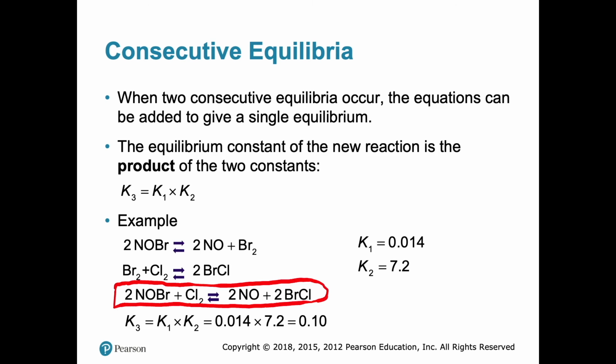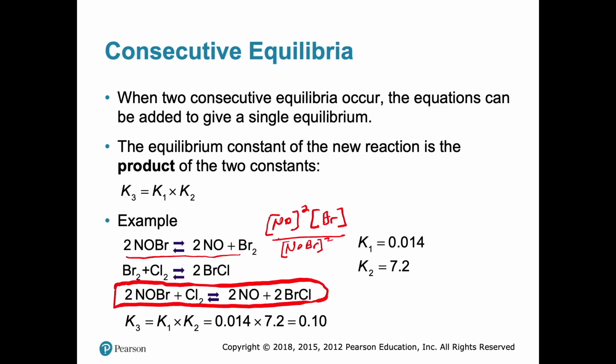For the first part of the reaction, it's going to be the NO concentration squared times the Br2 concentration, all divided by the NOBr concentration squared.